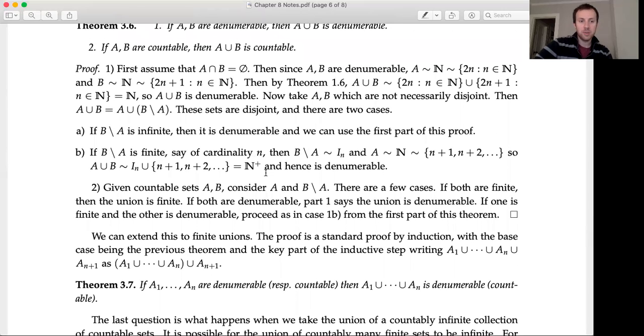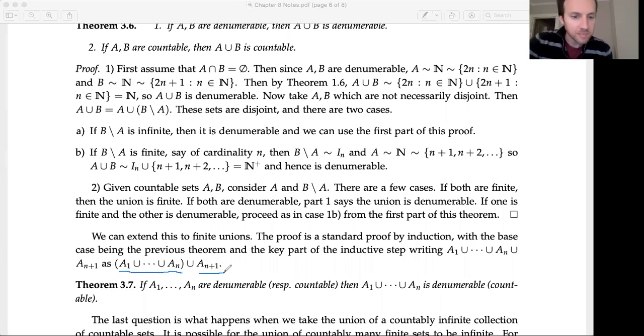The inductive step says if you're unioning up A1 up to AN and then AN plus 1, what you can do is say, well, unioning is associative. So instead of thinking of them as N plus 1 different things, break it into two things, this first part and this second part. The first part right here, that's the inductive assumption. The inductive assumption is assume the theorem is true for N things and try to prove it's also true for N plus 1 things.